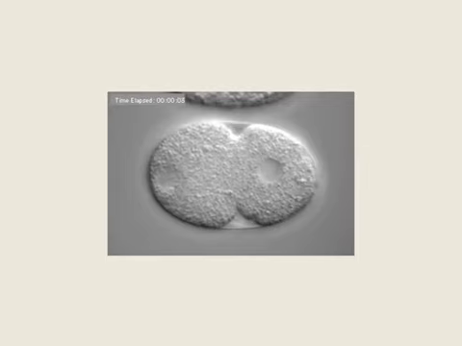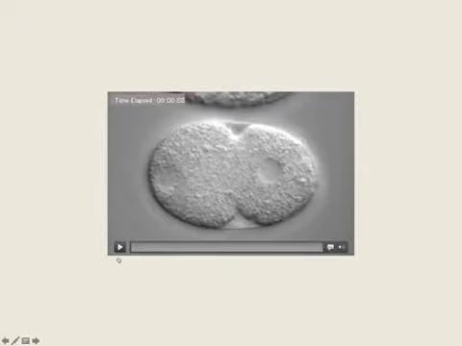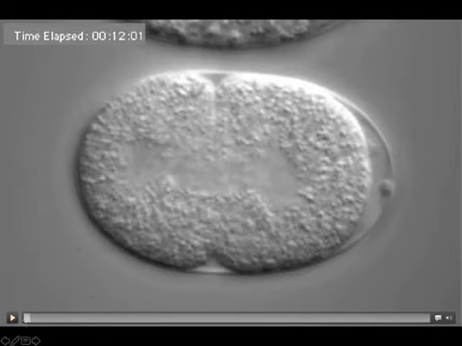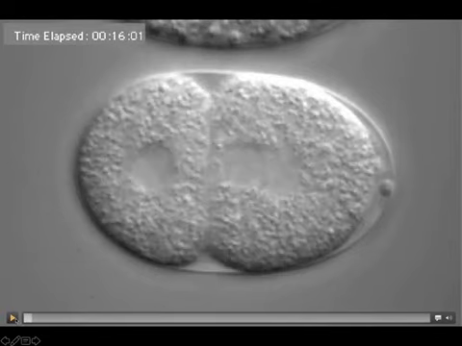Okay, so now we're going to watch this movie of the early embryo developing, and I want you to pay close attention because the movie spans almost the entire embryogenesis. But we're going to focus on the very first steps, like the first division, the first couple divisions. I'm going to pause it. There you go. So you see, this is the first cleavage. I paused it on purpose because it goes too fast.